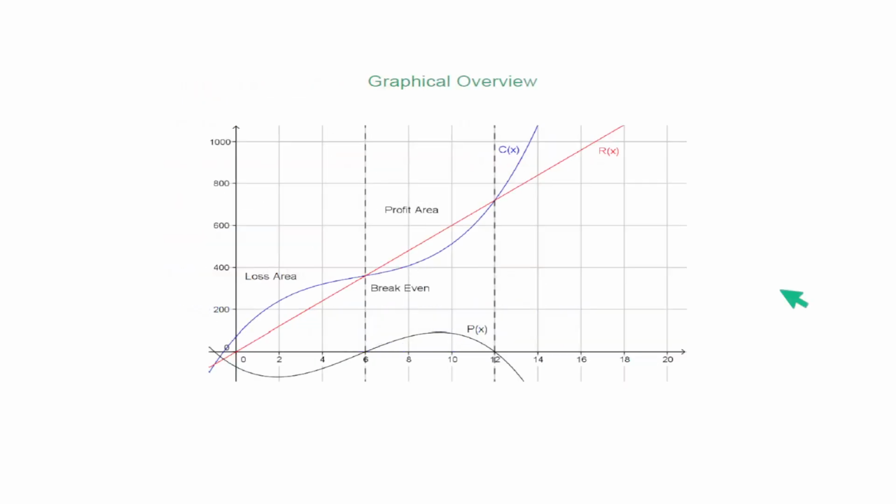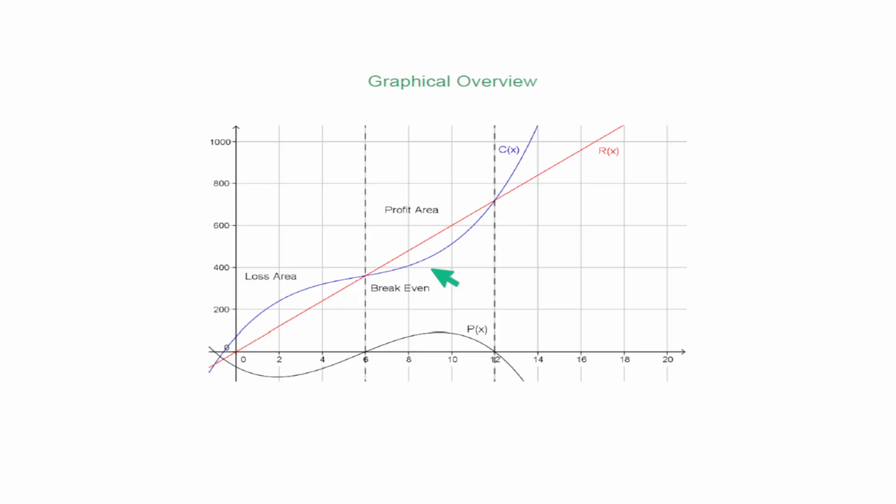If you have a look at the graphical overview, you can easily identify these results. So you have here the loss area between 0 and 6 goods. We have the profit area between 6 and 12 goods.